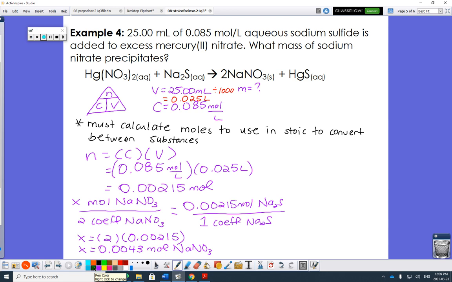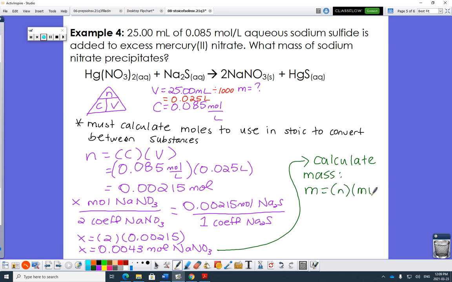I obviously have to squish, but again, maybe you're so used to doing the molecular weight that you do not need to show that work anymore, and that's okay.